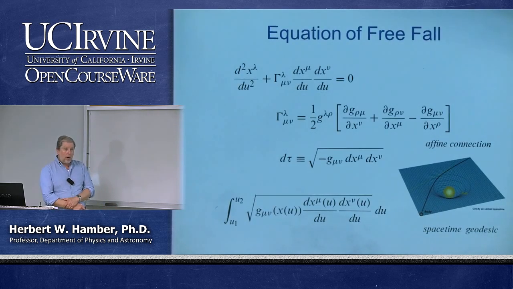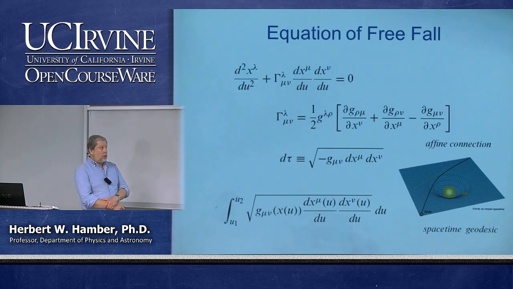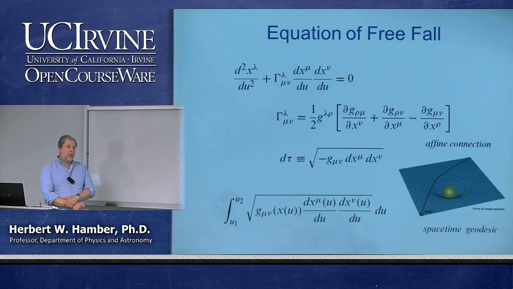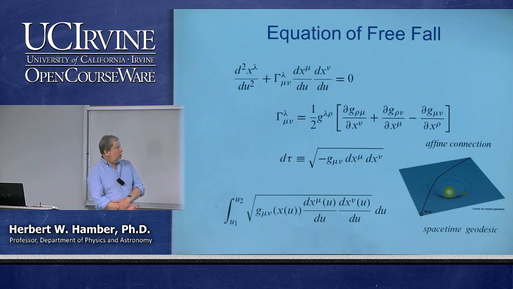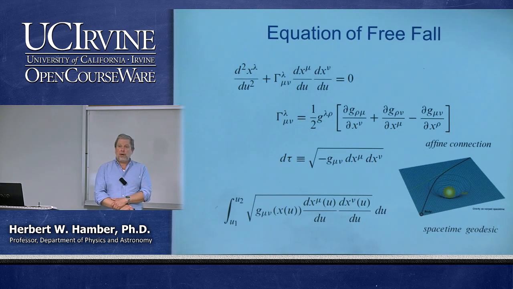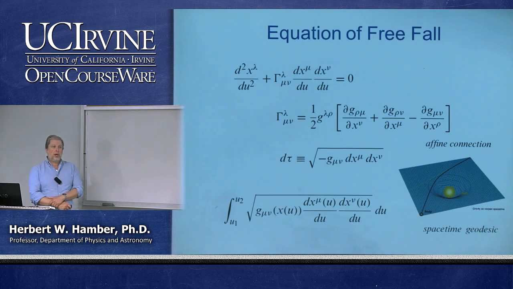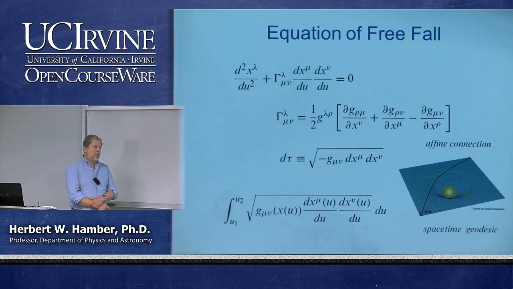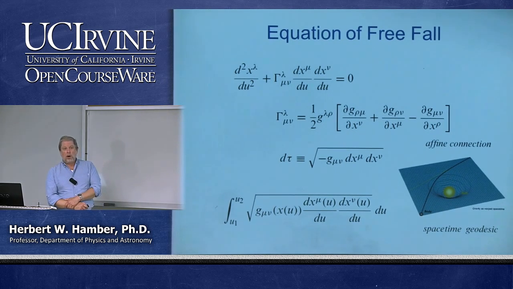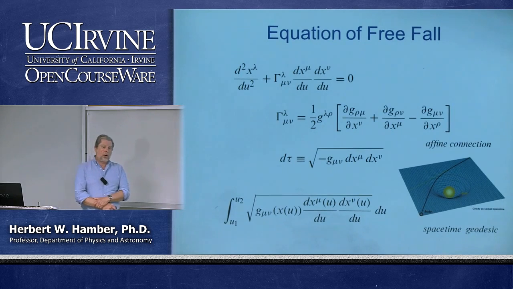The fundamental equation that describes that is the equation of free fall, which we wrote in class. This is one of the two fundamental equations of general relativity, because the equation of free fall is the F equal ma for relativistic gravity. It's what takes the place of Newton's equation if you have relativistic gravity. It is a fundamental equation, except that in class so far we have not really gotten to the bottom of it.